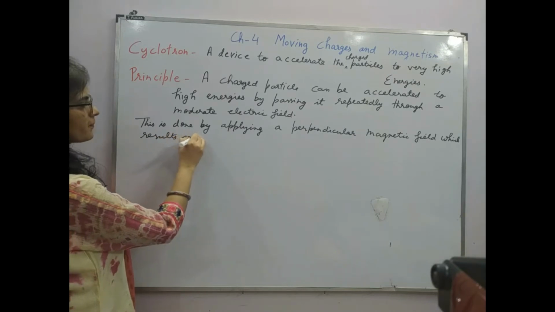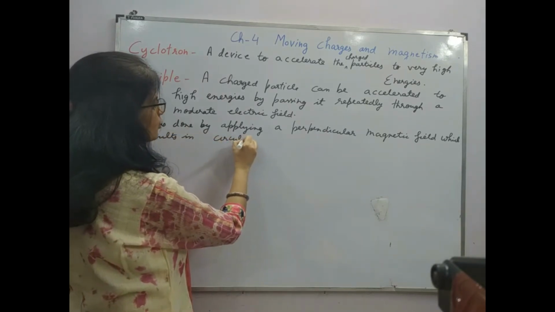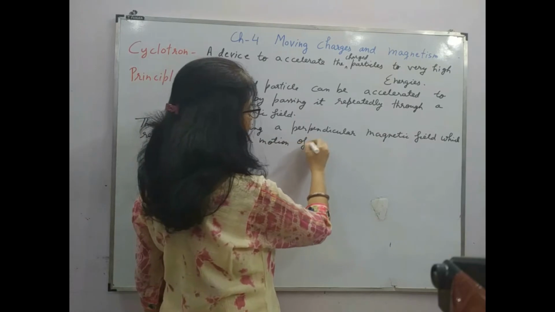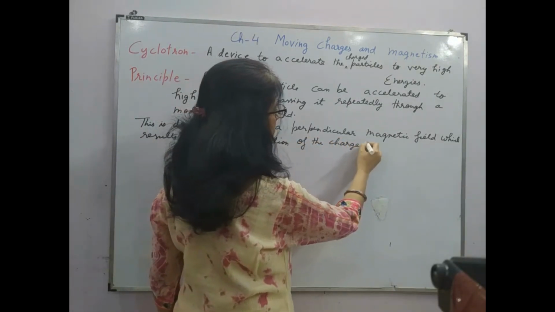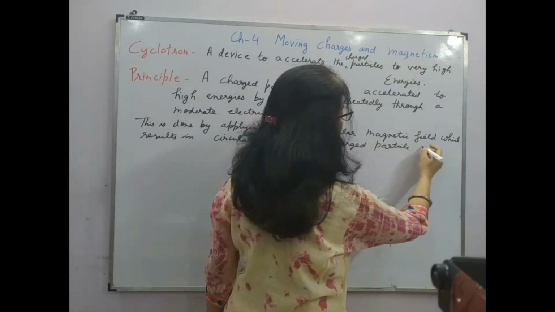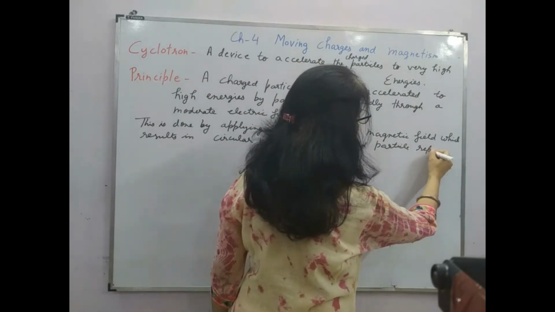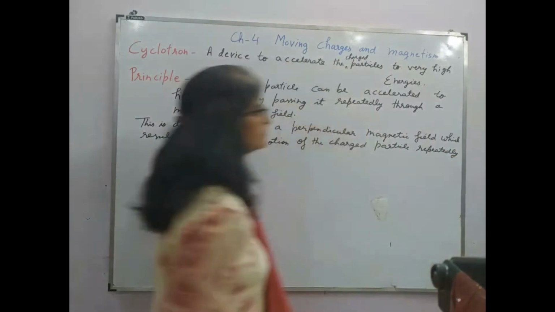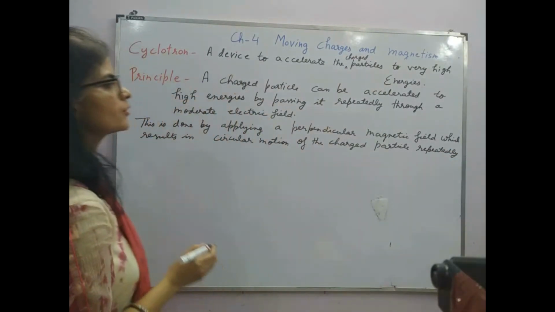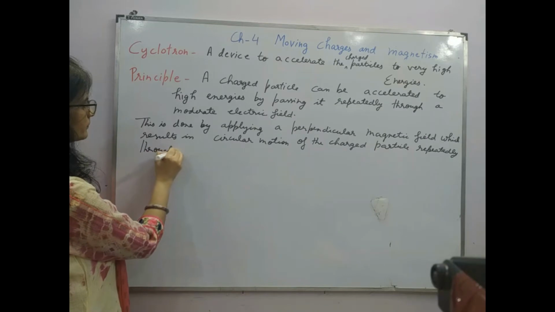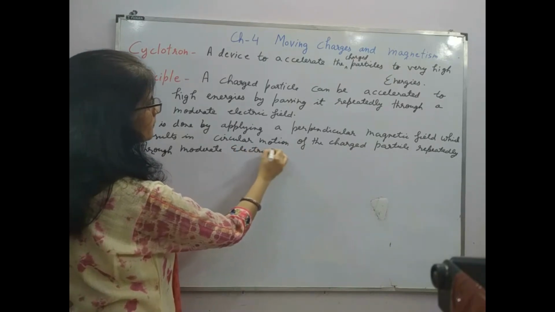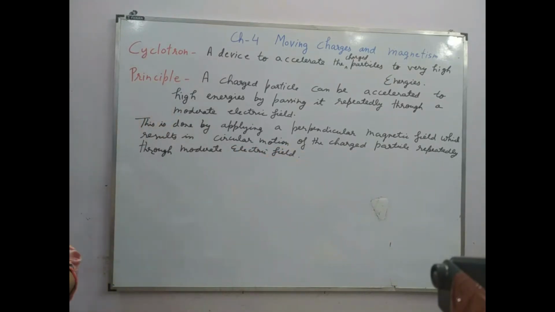Which results in circular motion of the charged particle repeatedly through the moderate electric field. So these are the two important points.